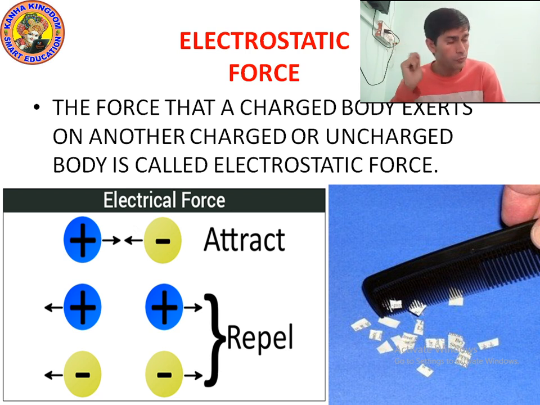When you move the comb through your hair, the comb becomes charged, and the pieces of paper are actually uncharged. So charged and uncharged bodies attract each other. The reason behind it is a force working, which is called electrostatic force, which is based on charge.